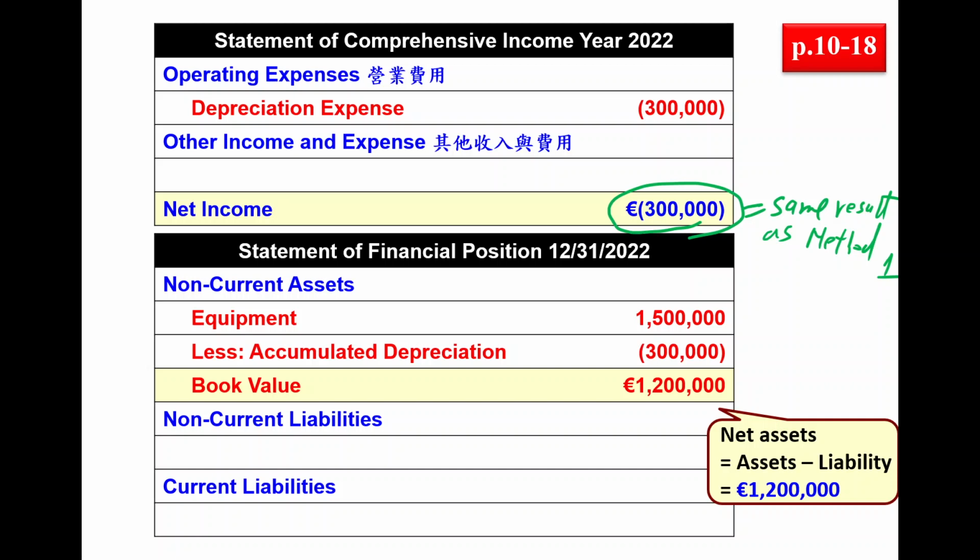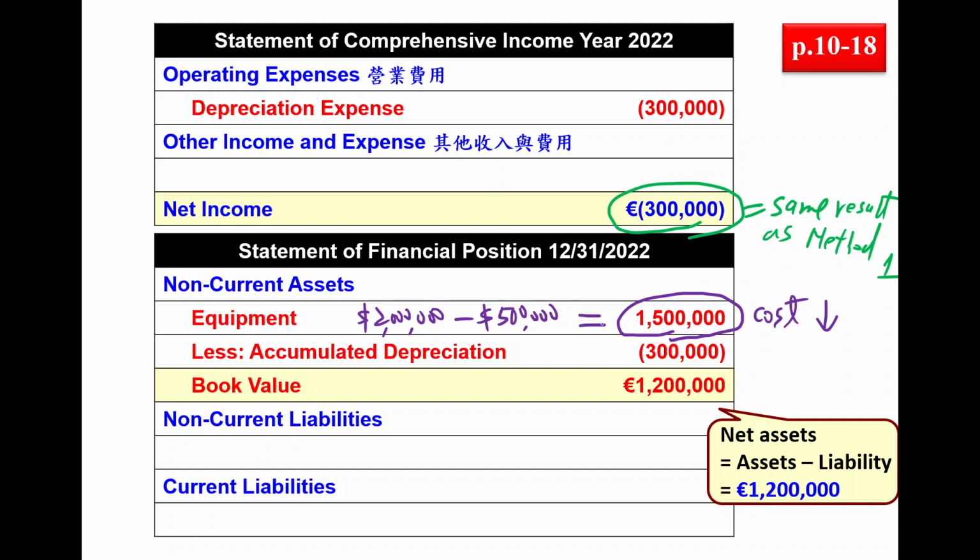How about your assets? Here, the cost is different. Why? Because method 2 made your cost of equipment decrease, right? So that's why your cost is only 1.5 million. Why is that? Because at the beginning, $2 million, you got a government grant, $500,000 from the government.